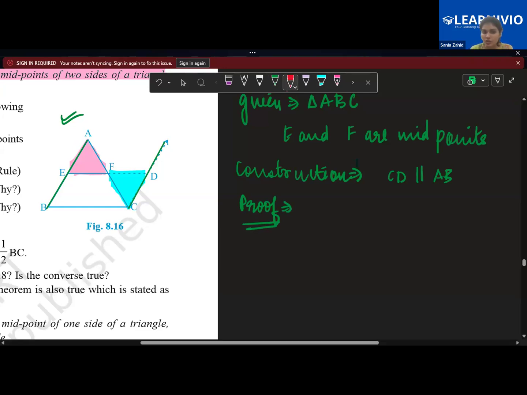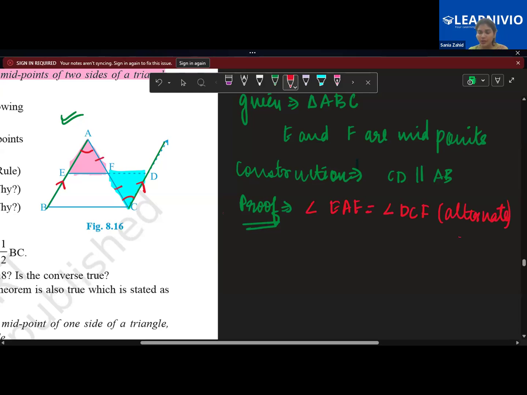So what can I say? First of all, this line is parallel to this line. So I can say this angle is equal to this angle, alternate interior. So I will say angle EAF is equal to angle DCF. Point number one. Why? Because they are alternate interior angles.